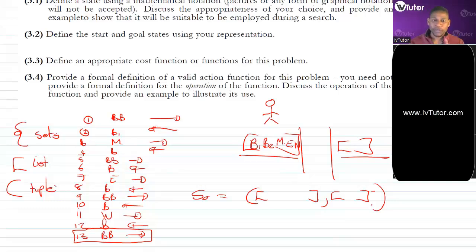Remember, in COS3501, this is one of the very first things that we look at. In COS1501, your introduction to computer science, like you did it a long time ago.